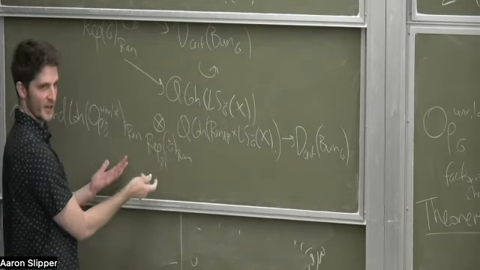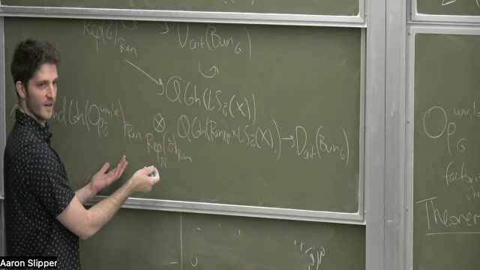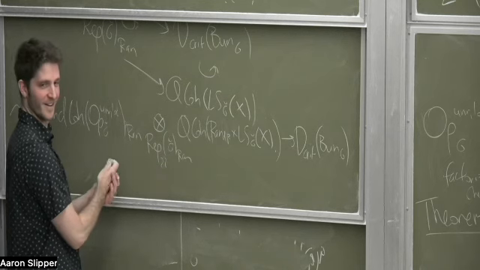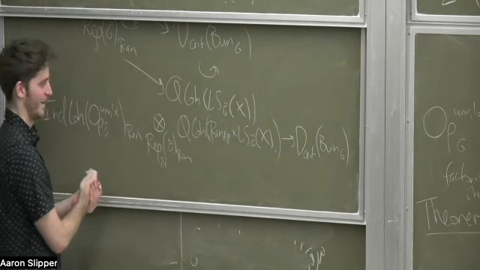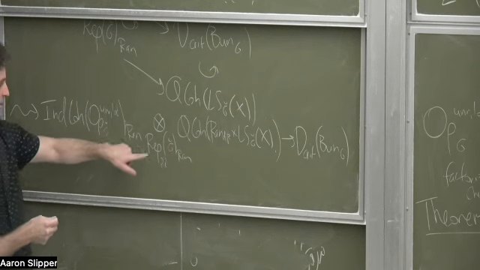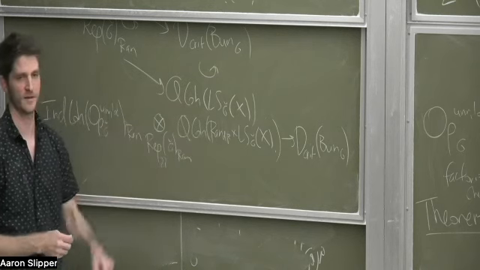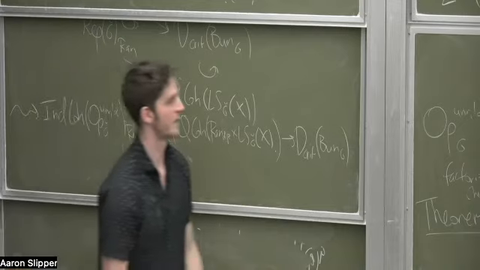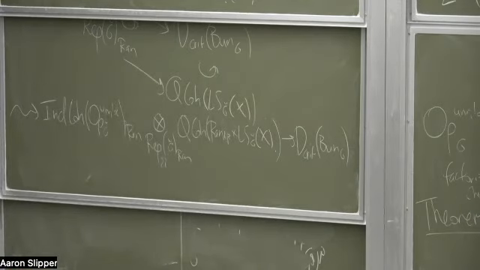And what is the fiber product here? The fiber product of this over the local system locus of G-check on the disk with this. Yeah, it's exactly this guy.